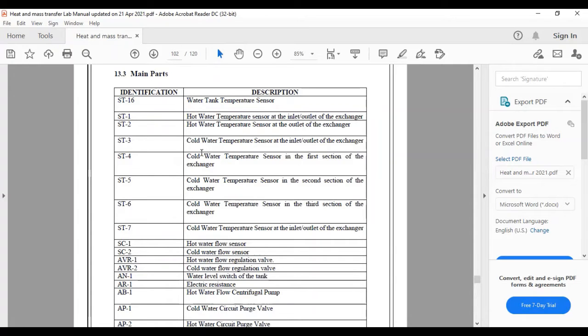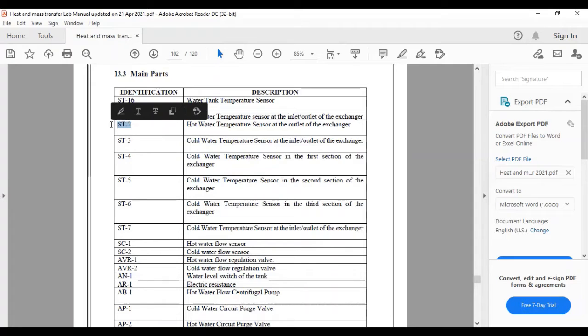These are all temperature sensors which will measure the temperature of hot or cold water at different stages. They are denoted ST1, ST2, and so on up to ST7. ST1 is used to measure the temperature of hot water at inlet.